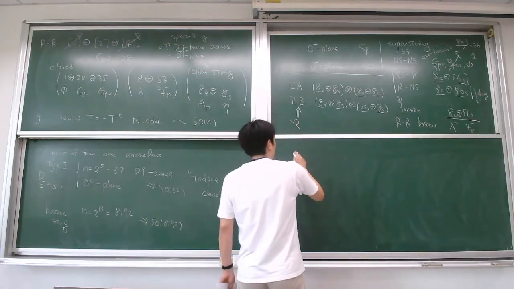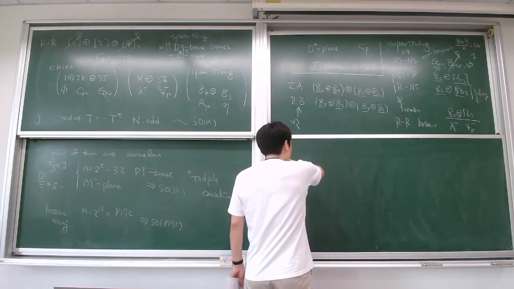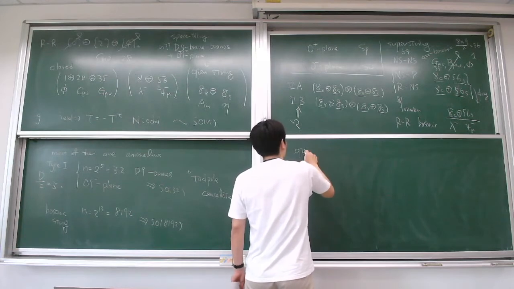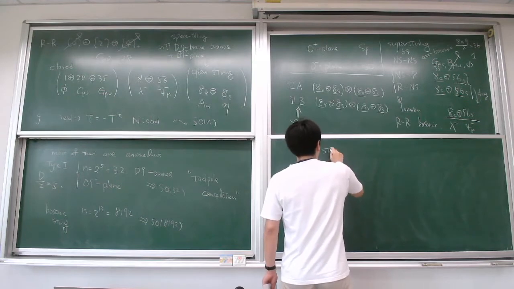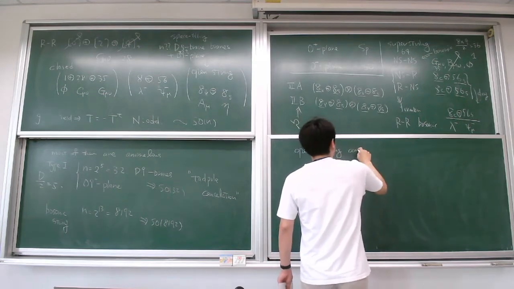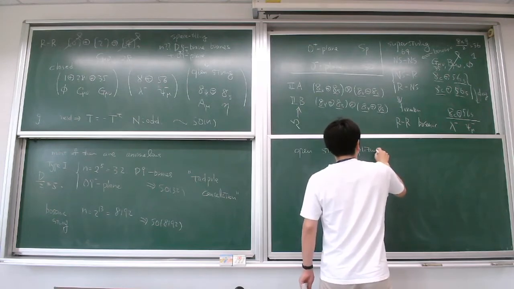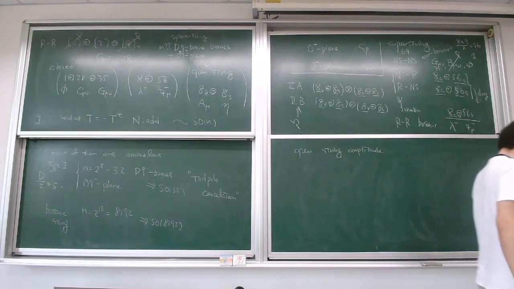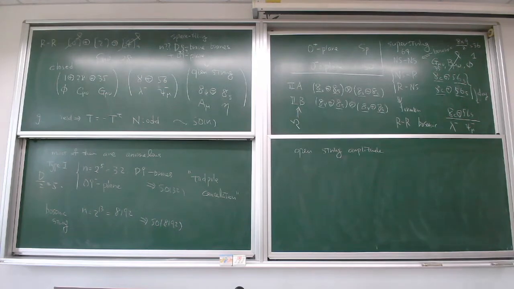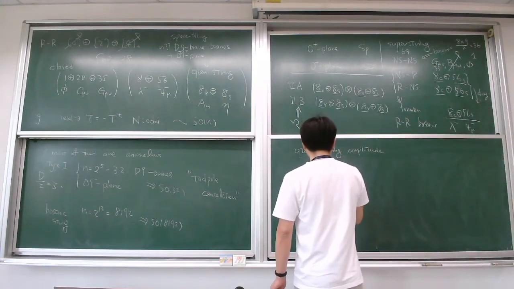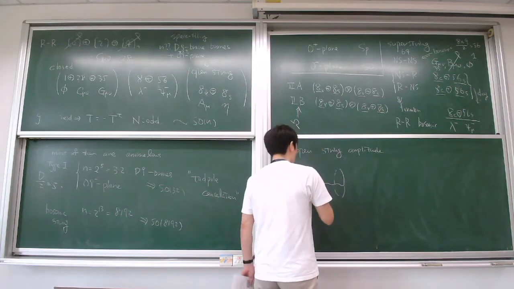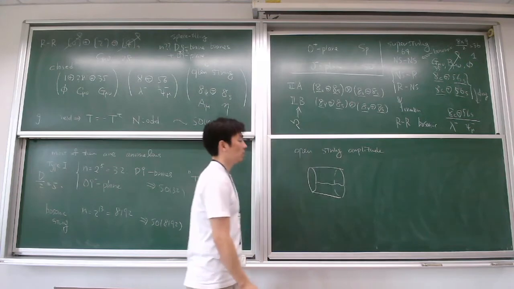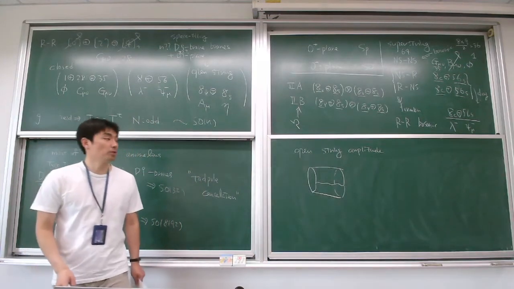So what we are going to do is just consider the open string amplitude. More precisely, first what we are going to consider is the one loop diagram for open string.